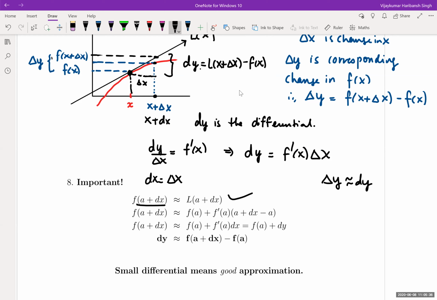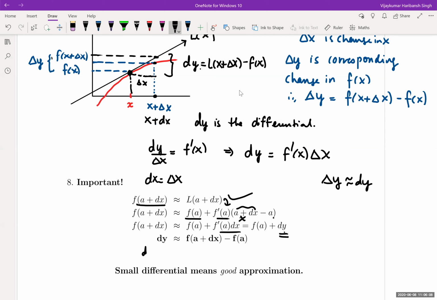Now, if you use the linear approximation formula, you'll get f of a plus f prime of a times (a plus dx minus a). This is your x, right? Now, if I simplify this, this becomes f of a plus f prime of a times dx, since a plus dx minus a becomes dx. But what is f prime of a times dx? f prime of a dx is dy, so this is f of a plus dy.